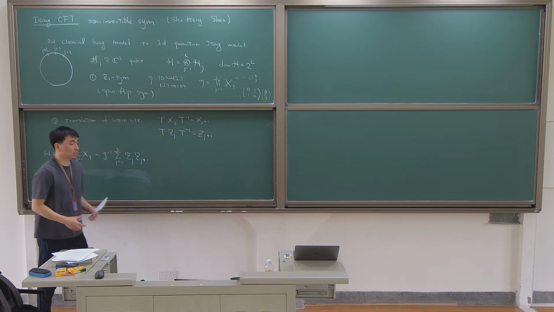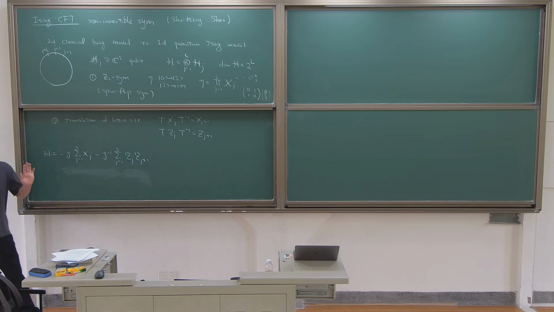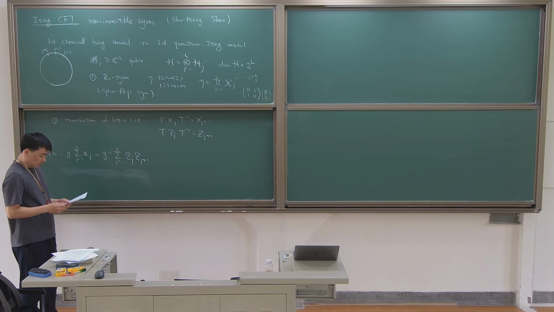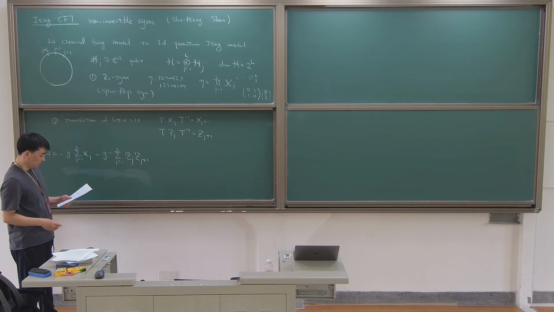So clearly this Hamiltonian is invariant under lattice translation. And these are the symmetries of the system.